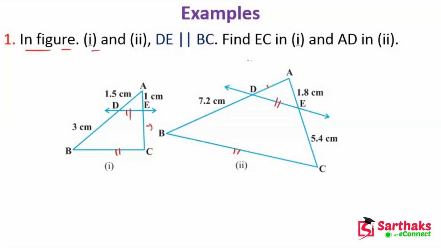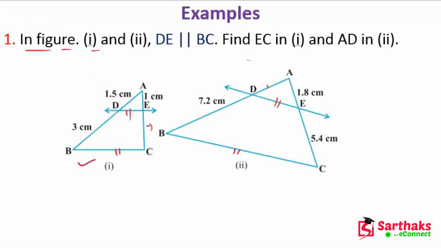So in case number first, if we take case number 1, this is a triangle ABC, and we have another triangle which is ADE, and we know that DE is parallel to BC.